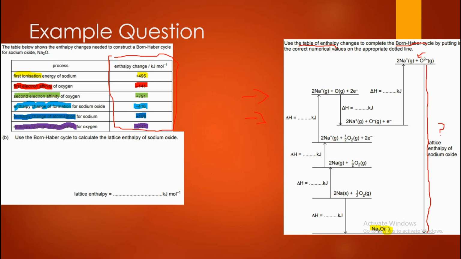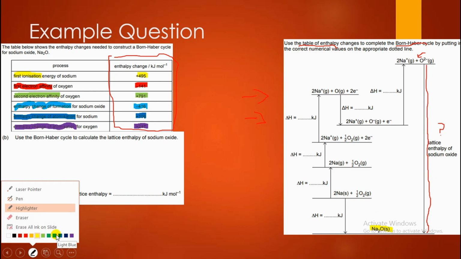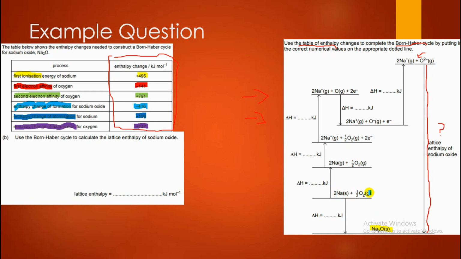What value can we connect it to? We see that Na2O becomes 2Na and half of an oxygen. Now what does this actually demonstrate? We have a compound splitting up into its elements.